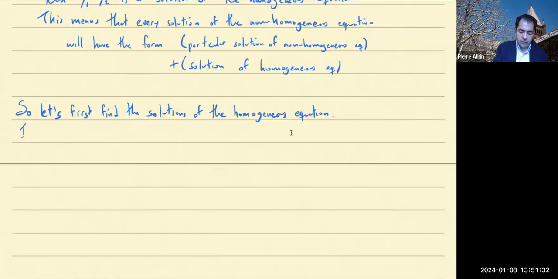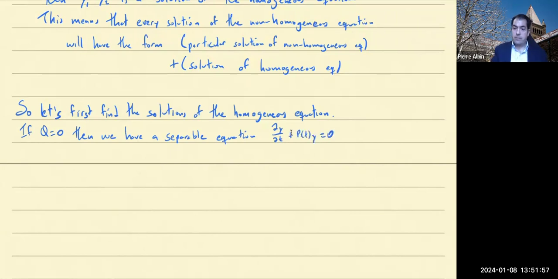Okay, well, if Q is equal to 0, then the equation we're looking at is a separable equation. And we know how to solve separable equations.